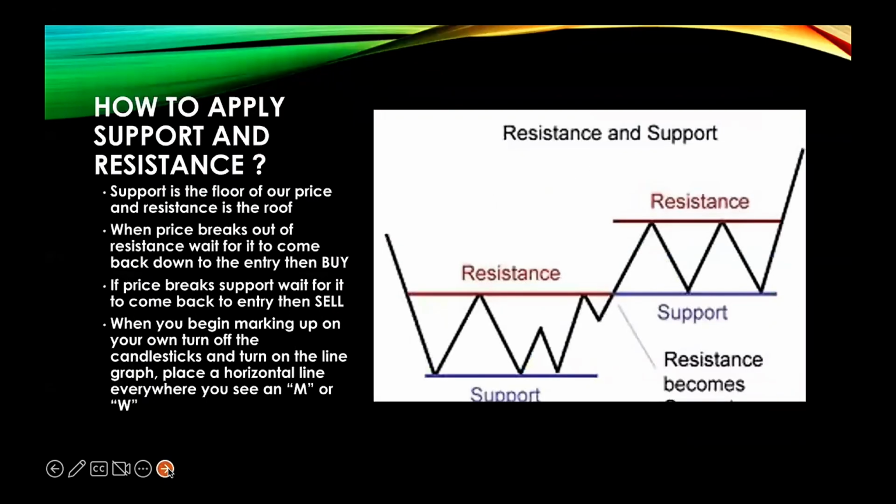All right. So how do we apply support and resistance to the market? Let's talk about it. When price breaks out of resistance, we wait for it to come back down to the entry and then we buy it. So in this case, we have our support, right? And price broke out. When it broke out, it crossed between the red and blue line right above it.